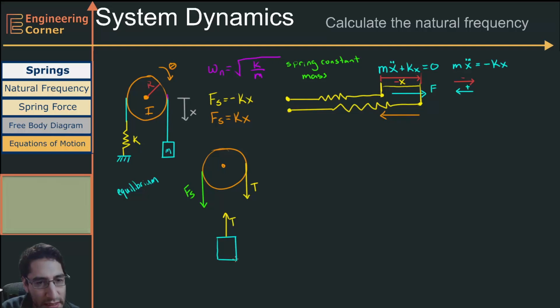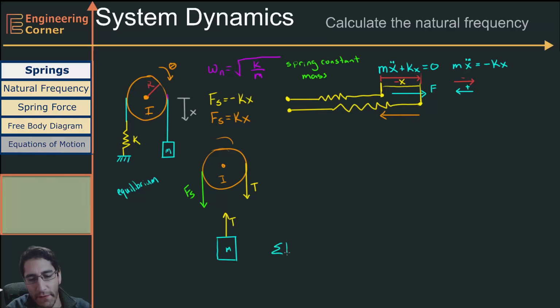And these are the only forces I have. This has some mass, and this has some inertia. So this is just spinning, and this is moving up and down. So that means for my mass, I can use the sum of my forces is equal to mass times my acceleration. And we've said that down is positive.